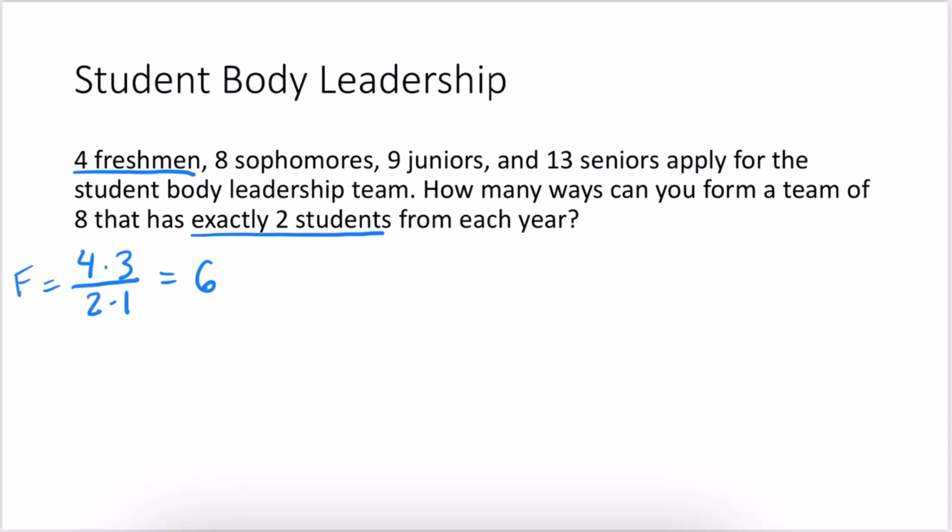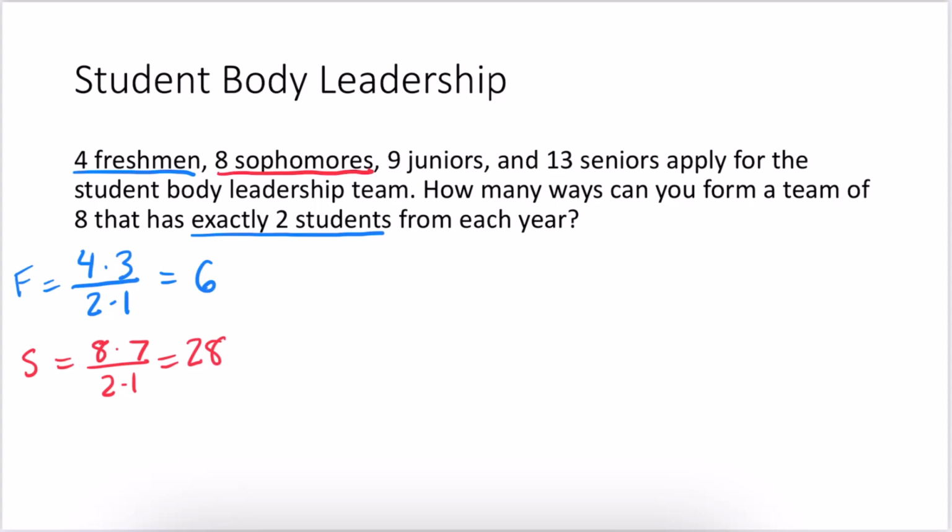So that would be the number of ways I can choose my 2 freshmen, but I also have to choose 2 sophomores. So I'd say the number of ways to choose my sophomores, well, I would have 8 choices for my first one, 7 choices for the second sophomore, and it doesn't matter which order you choose them in, so I'll divide by the duplicates, and I get 56 divided by 2, which is 28 possible ways that I could choose my 2 sophomores.